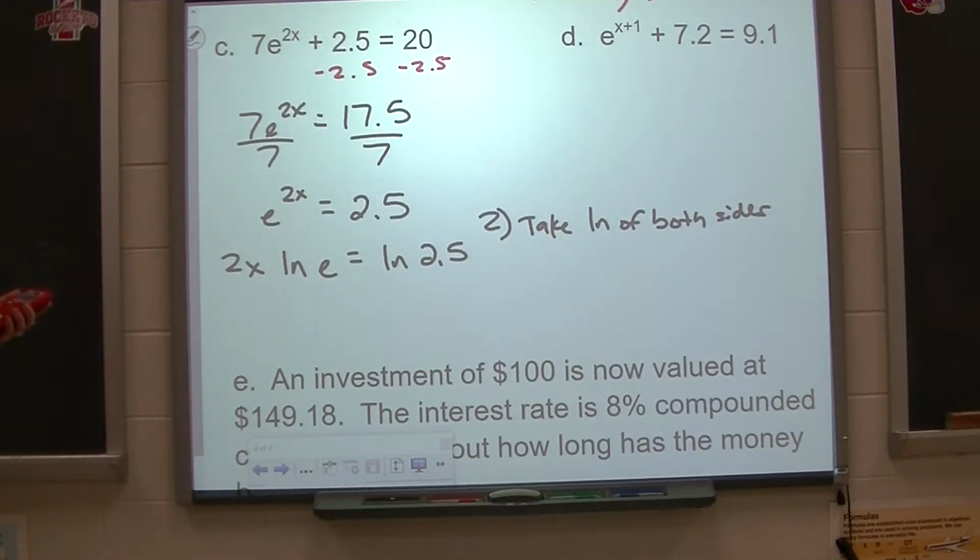So natural log of 2.5 divided by natural log of e. But I think natural log of e should be 1 anyway.